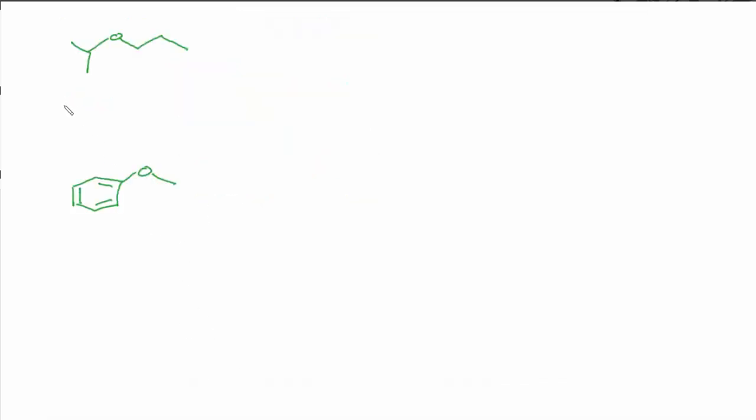Alright, so let's look at these two ethers and see if there's a way we could create them. Here we have a secondary carbon, here's a primary carbon. So perhaps if we made this bond in our Williamson ether synthesis, that would be a good choice. First I'd want to take this alcohol and remove the hydrogen.